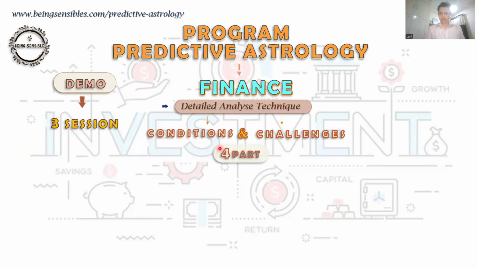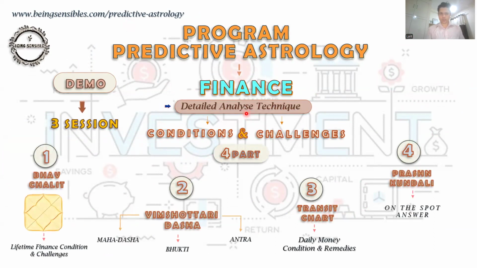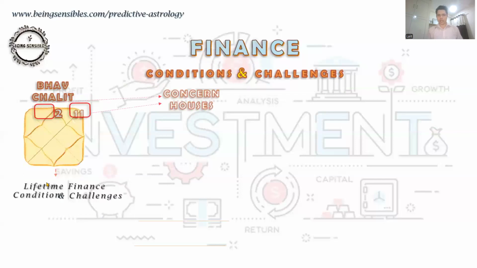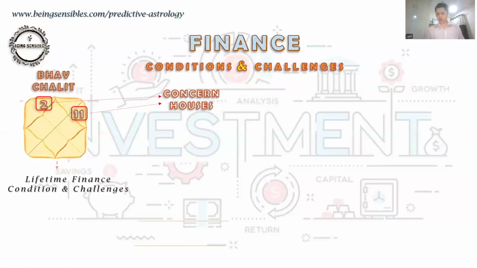So I made this finance program in 4 parts. The first is Bhavchalit. With Bhavchalit, you get an idea of which houses to see when it comes to any finance conditions. The second house and the 11th house, why? With Bhavchalit you get an idea of the lifetime impact.